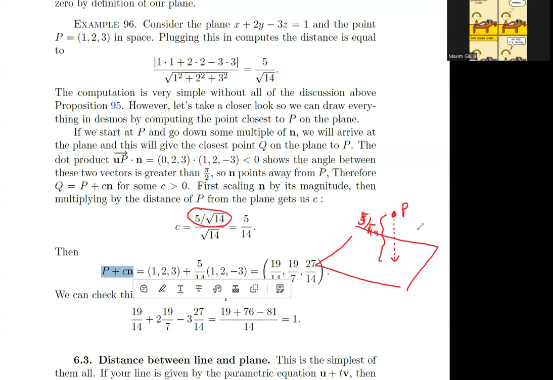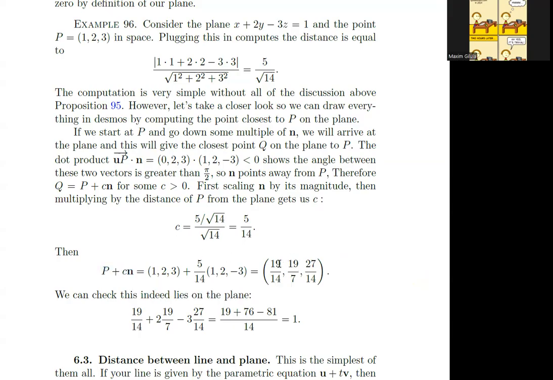And if I add some unit vector in this direction, I will arrive at the plane. In this case, to make a unit vector, I need to divide by root 14. And the 5/14 accounts for the length. So again, you could take a look at the notes for how to derive something like this.